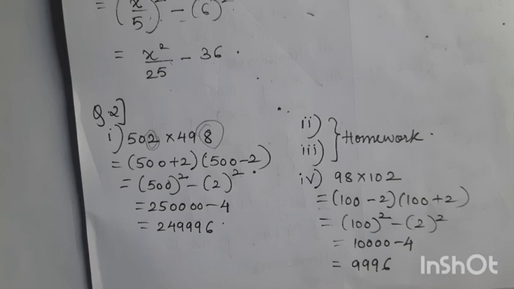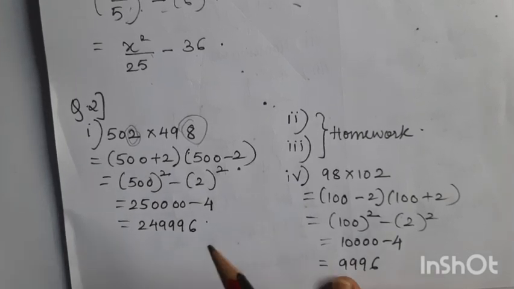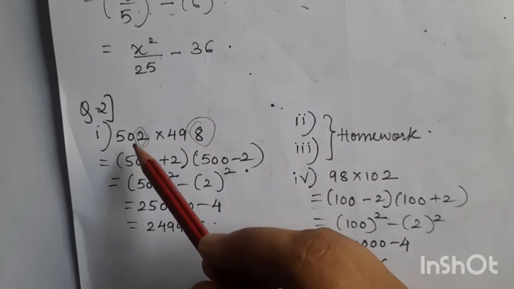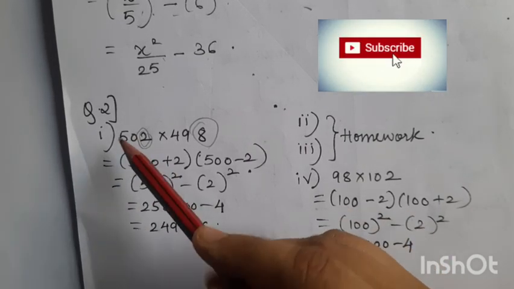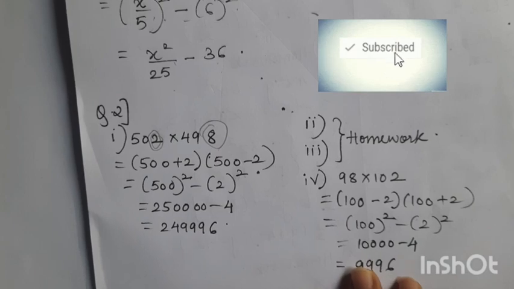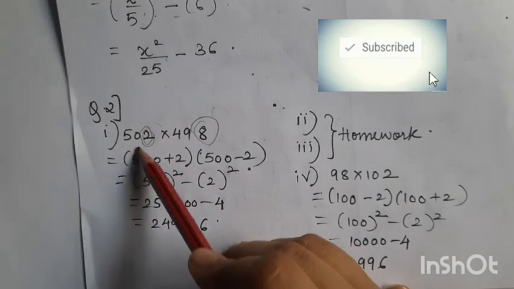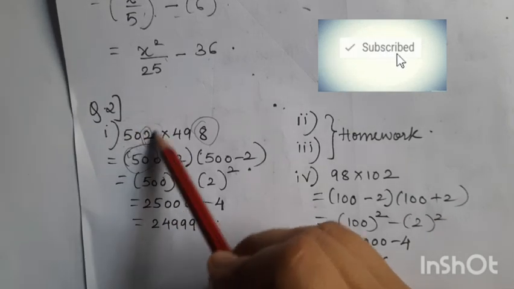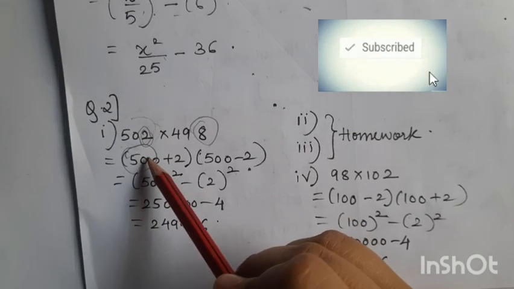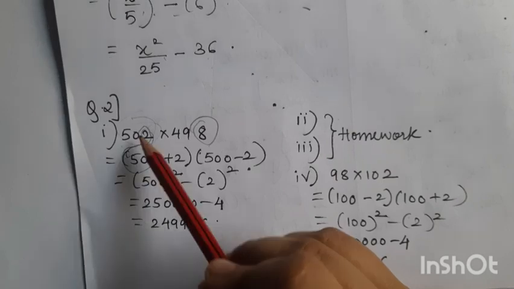Now I want this in the form of (a + b) and (a - b). As we have seen earlier, we should take the number which is a multiple of 100. The number close to 502 which is a multiple of 100 is 500.